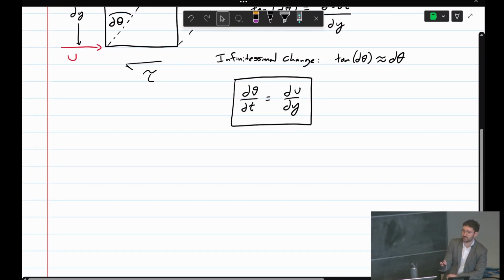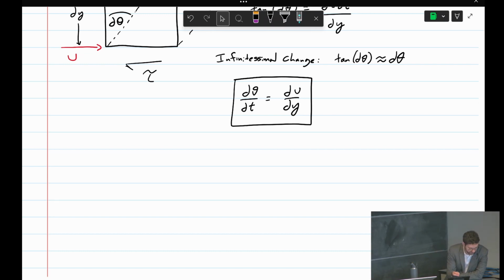Now that we've defined shear strain rates, we can relate this to shear stress in a fluid using viscosity. So friction in a fluid.